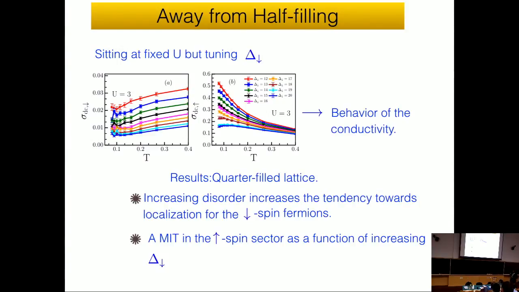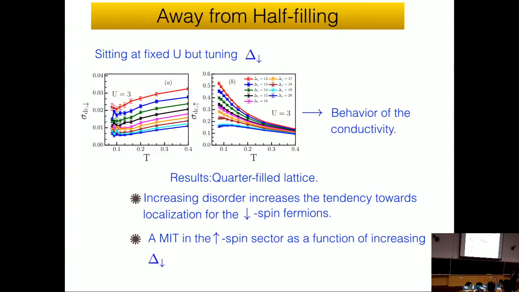That is for the downspin guys. Now we go to the upspin fermions, the fermions which have seen no disorder initially, but see disorder once you switch on a U, and again do the same process. I sit at a fixed U and change the disorder strength, and what I see is possibly a metal-insulator transition that is driven by disorder, right? As you can clearly see from here.